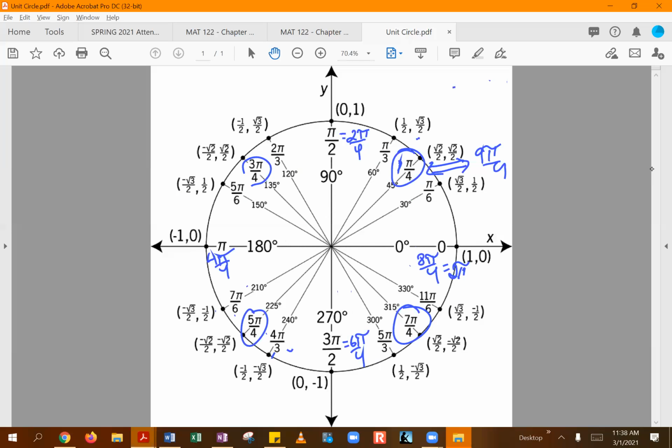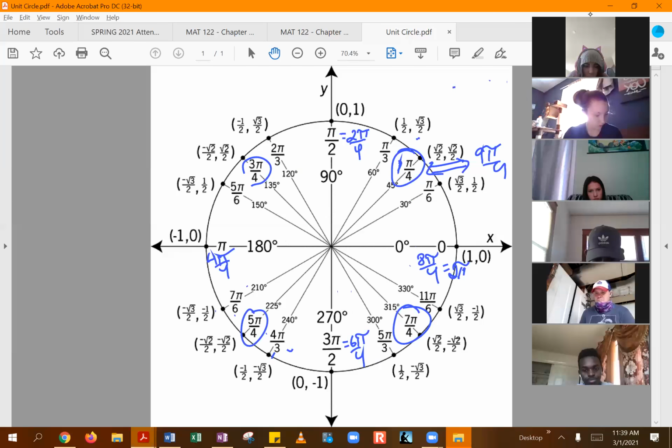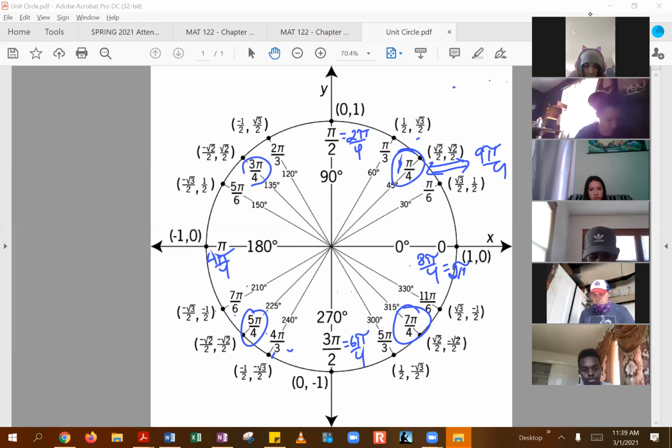All right, so now that we know where 9 pi over 4 falls, is it between negative pi halves and positive pi halves? Because that's the restriction on your y value for arcsine of sine. So is 9 pi over 4 in that range of negative pi halves to positive pi halves?